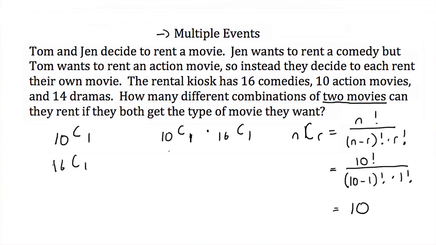So there are 10 different possible combinations of choosing one item out of 10. If you do the same calculation for Jen's choice, there are 16 different ways she can choose one movie out of 16 movies. 10 times 16 is 160, so there are 160 different combinations of Tom renting an action movie and Jen renting a comedy. So remember, whenever you have multiple events, you take the different options and you multiply them together.